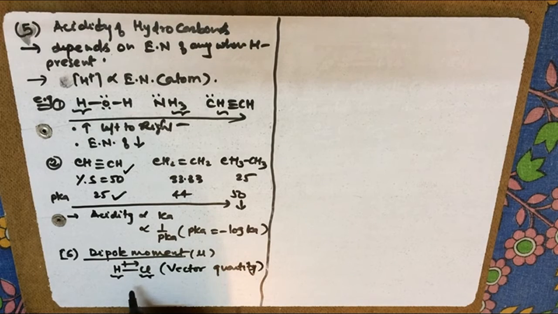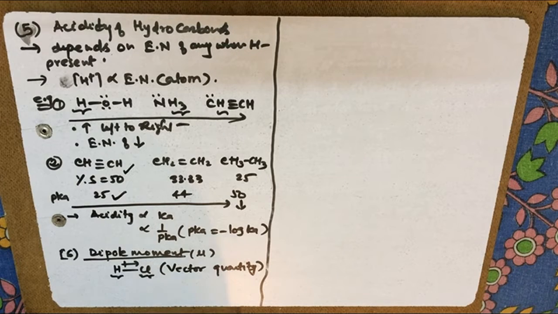That's why direction is indicated by the arrow parallel to the covalent bond, pointing towards the negative end.